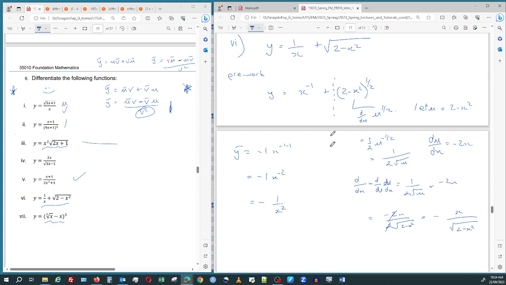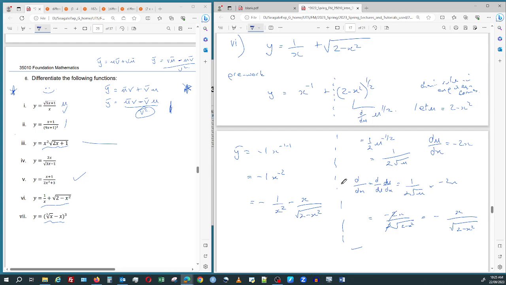So that is our second part. Down here we can put minus x over the square root of 2 minus x squared. But look at all the work that had to be done for the chain rule, okay? A chain rule in expression and equation form.